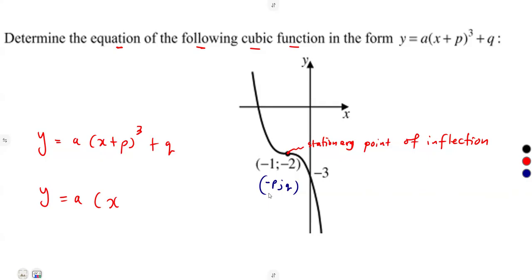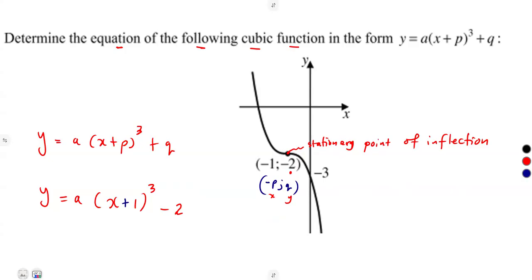It was a negative. When substituted, becomes a positive. So a negative 1, when you put it back, is going to be a positive. It changes this one. So it will be positive 1 to the exponent of 3. Q is not affected, this q. It's still the same. So the y value is not affected. So minus 2 is not affected. It remains as a negative 2. That is the condition.